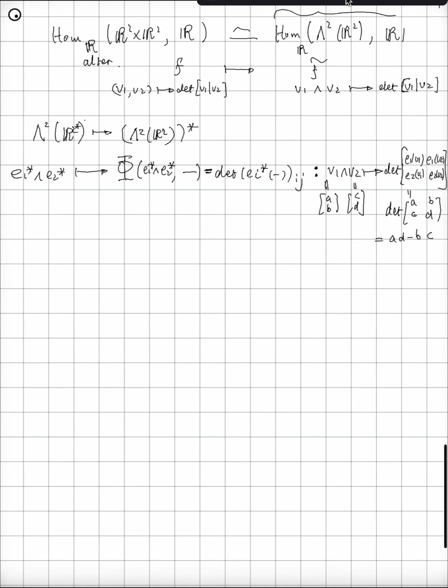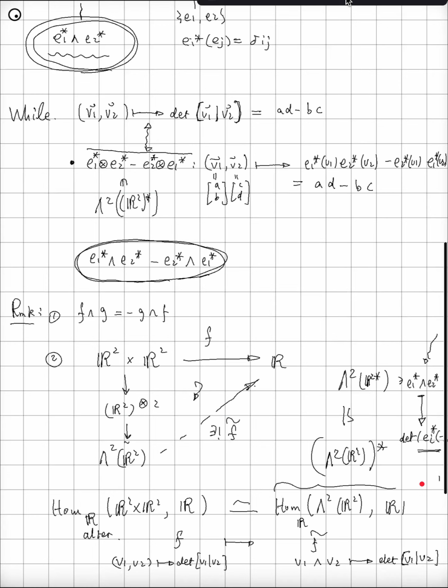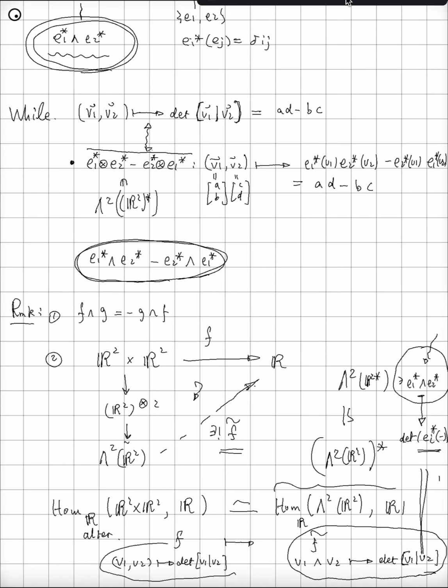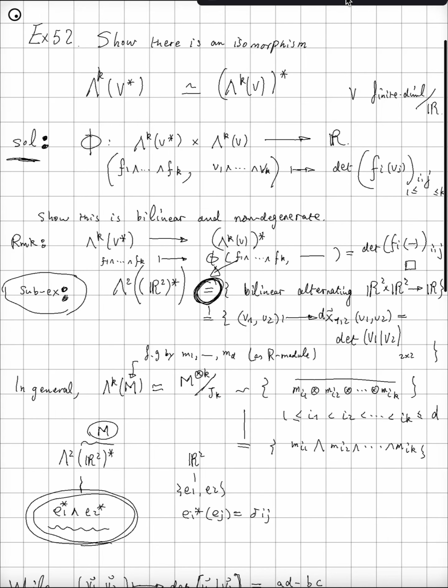And so what I want to say is that this is really the same as this one, which means if you start here and then apply the isomorphism, you map to this determinant of Ei star, which is the f tilde, and it corresponds to the f, which is exactly the determinant map, and it clarifies or justifies why one would sometimes say that this is directly the bilinear alternating maps whose basis is given by determinant.